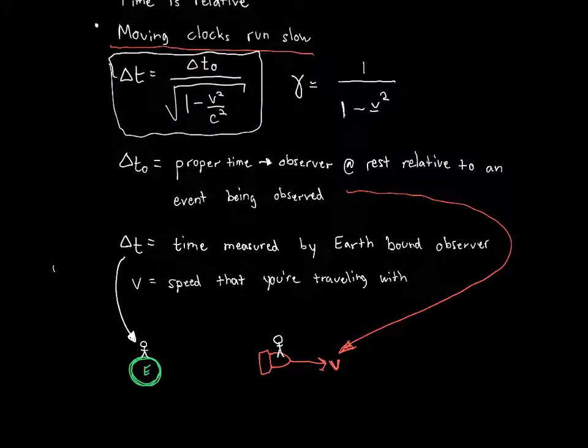And it's equal to 1 divided by the square root of 1 minus v squared over c squared. So we can use this gamma and plug it in for our proper time equation. So we can simplify this a little bit to delta t is equal to gamma times t naught.